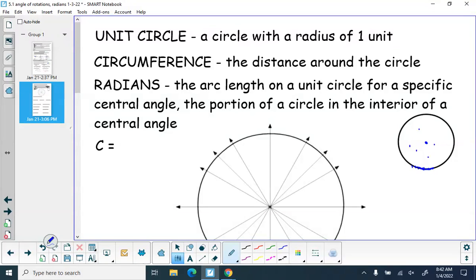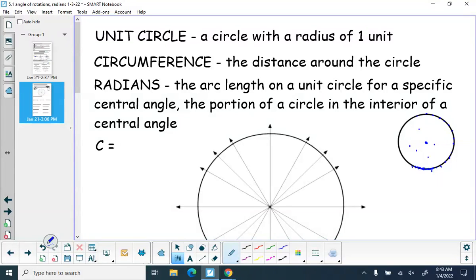It's that outer edge of the crust. The interior of the circle is the good stuff that we eat. So when you talk about a circle, you're talking about this outer edge of the crust, these points here that are equidistant from a given point.